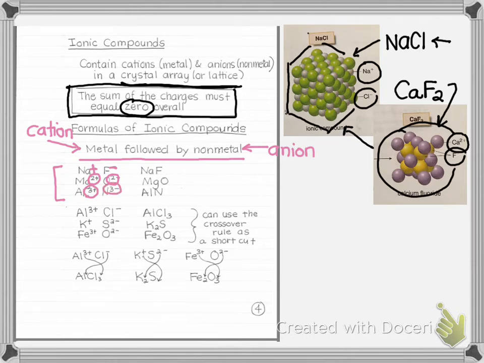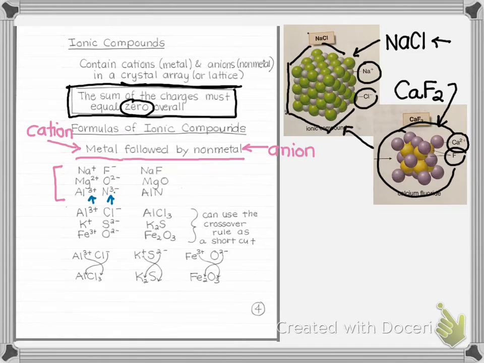Now what all of these have in common, these first three examples that I've given you, is that the charge on the cation equals the charge on the anion. So that means it's a 1-to-1 ratio because a 1 plus and a 1 minus added together equals 0. A 2 plus and a 2 minus added together equals 0. 3 plus and 3 minus added together equals 0.